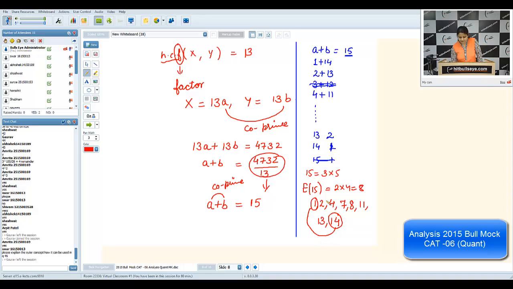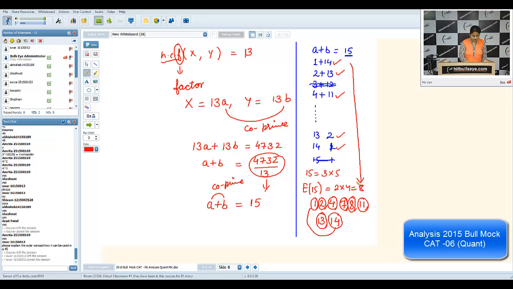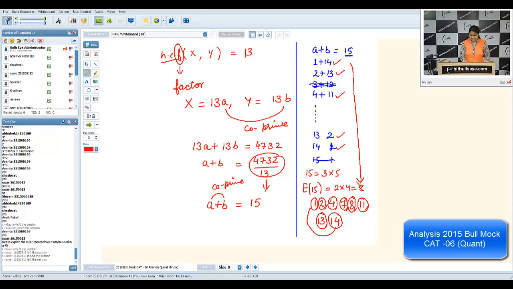Now you can make pairs. 1 and 14, the first number and the last number, add up to 15. Second and the second last number add up to 15. Third and the third last number add up to 15. 7 and 8 add up to 15. So these many pairs are allowed. So what is the 15's Euler number? That is 8. Are you getting me, guys? I'm not going into very basic things.